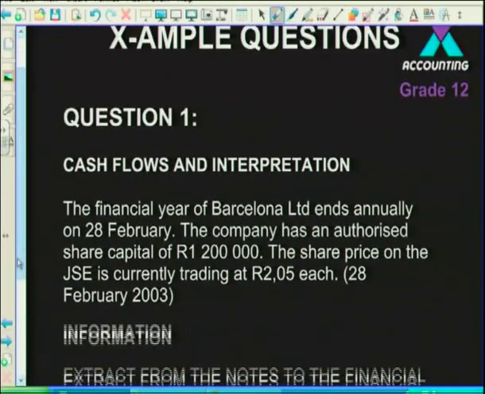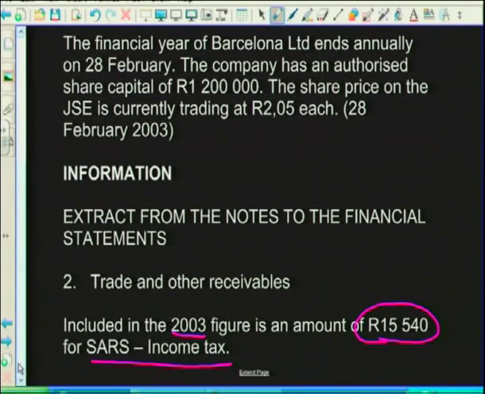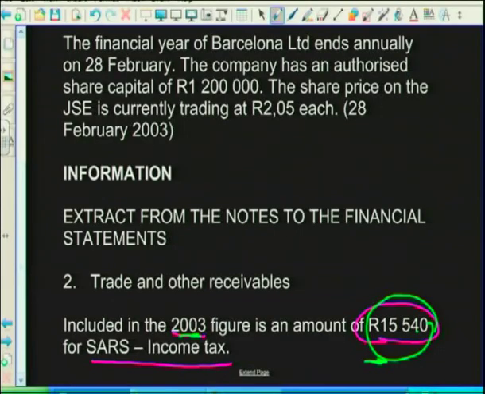Information number 2 goes on to tell us included in the 2003 figure is an amount of 15,540 Rand for SARS income tax. Now remember guys, when you are doing the calculation for an increase or decrease in debtors, we need to exclude SARS from the calculation because SARS is separately disclosed in the cash flow statement. So we now need to subtract this figure from our trade and other receivables for 2003.